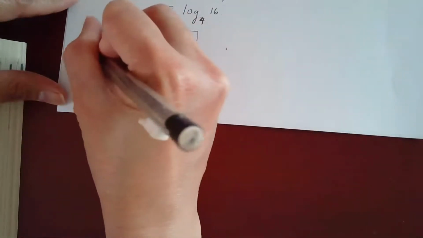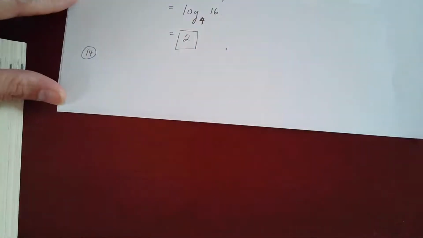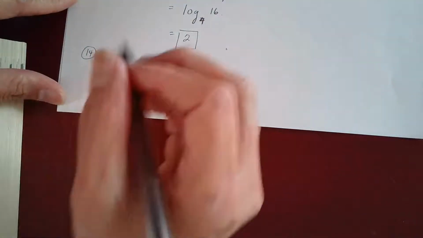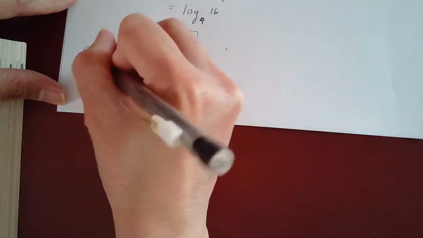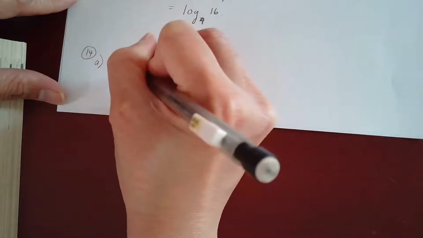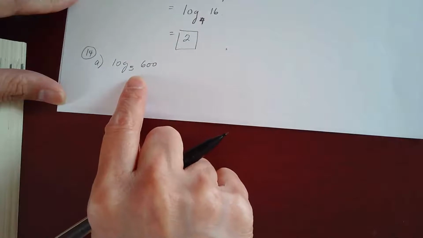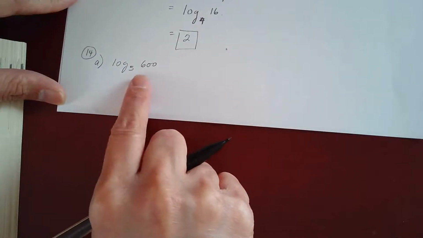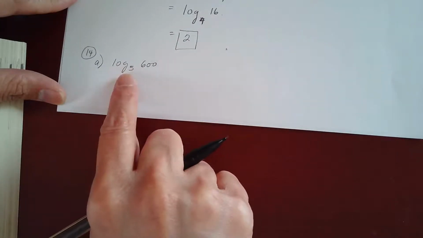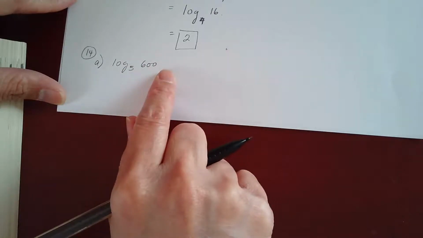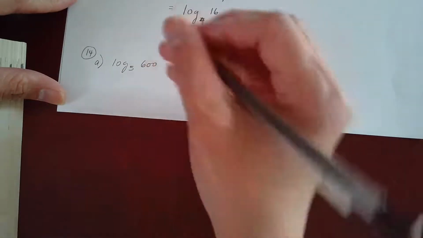I'll do number 14 here. Approximate each logarithm. So number 14, we're supposed to find logarithm base 5 of 600. Now, what exponent do I need to apply to 5 to get 600?